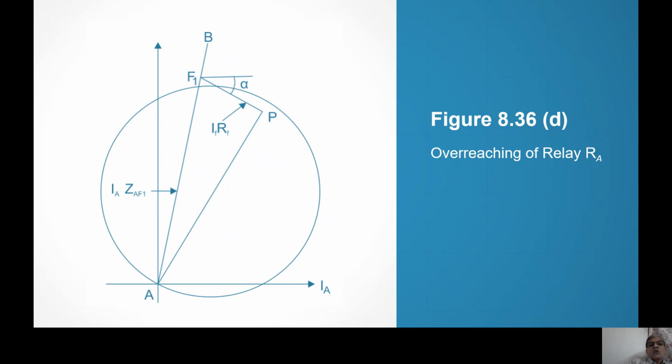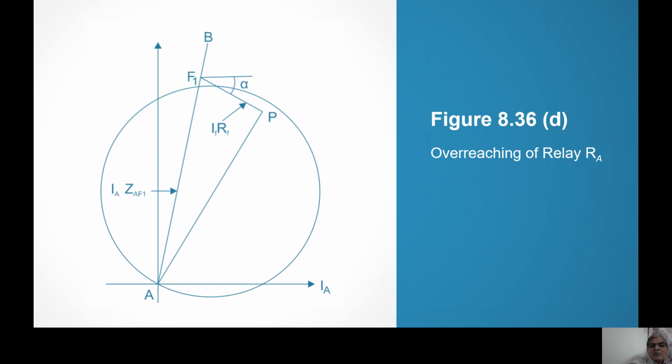F1 means outside the Mho circle. So actually the relay should not operate. If it is the third zone, the relay should not operate in the third zone. If it's the second zone, it should not operate in the second zone. If it's the first zone, whatever, the relay should not operate in its given zone for a fault at F1.